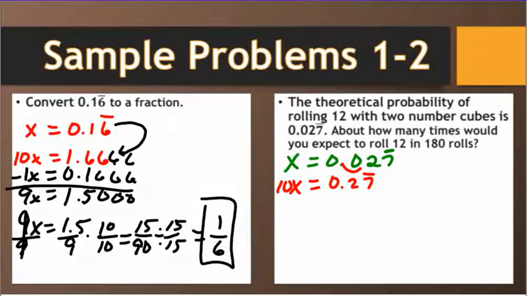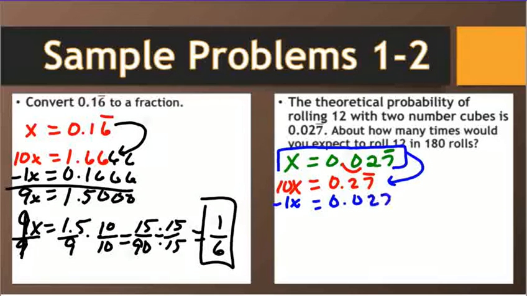Then I'm going to take this part and subtract it from here. So now I have minus 1x equaling 0.027. 7's repeating here, so I put that 7 there. Subtract, and I get 0.25 equaling 9x.